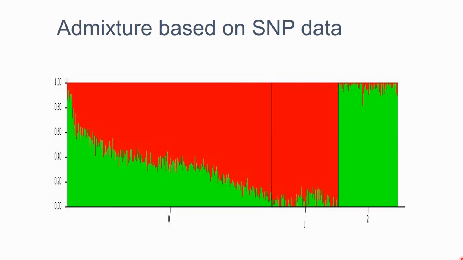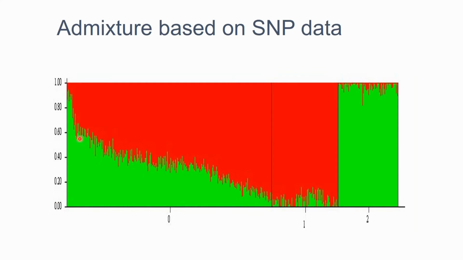These are the very same individuals, but this time the admixture proportions were calculated based on SNP genotype data. And here you see that nature is not as simple as the previous picture was showing us. I need to underline that the order of the admixed individuals here is exactly the same.